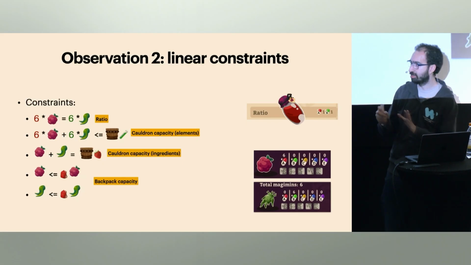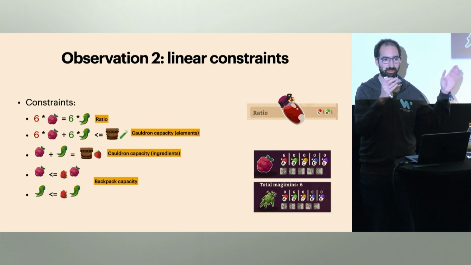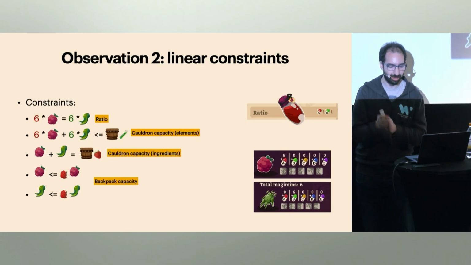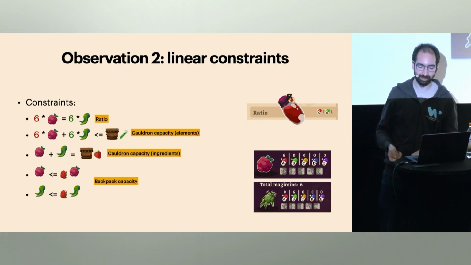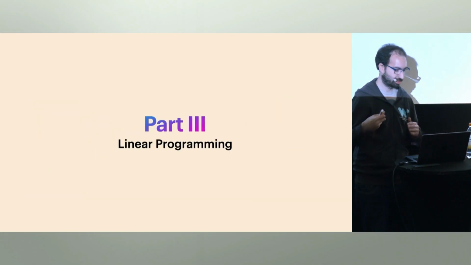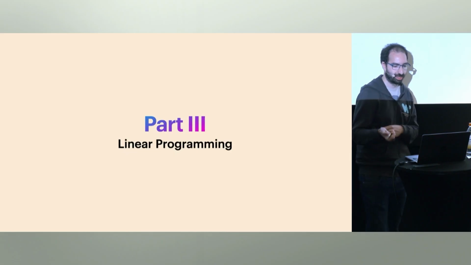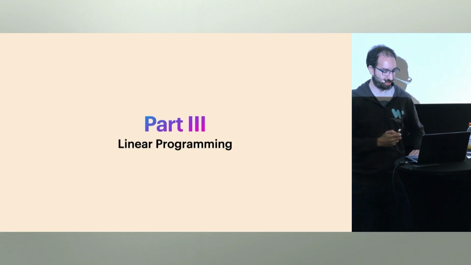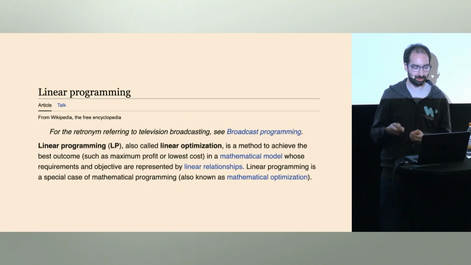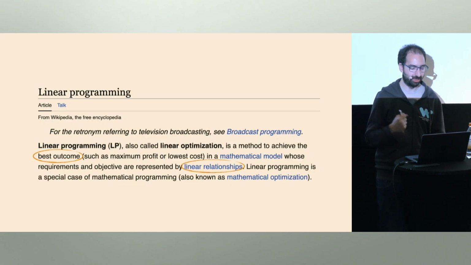Now that we have these two characteristics, we want to target the value, maximize the value, changing variables with everything being linear. We have a tool in our toolbox called linear programming, which takes us to our third part. So what is linear programming? It's a method to achieve the best outcome, such as a maximum or a minimum, in a problem that has only linear relationships.